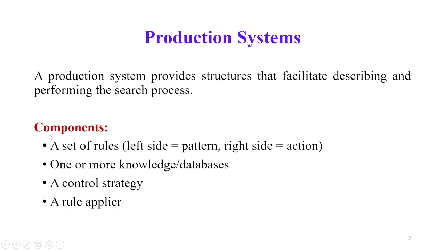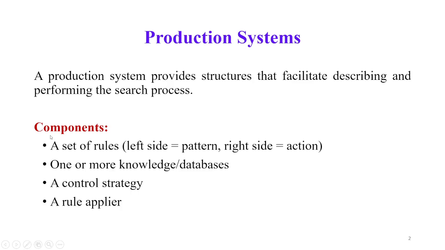Okay, so there are four essential components generally. The first component is the set of rules. They are also called productions. Generally each rule has two parts: a left side, which is a pattern or a condition, and the right hand side, which is an action.